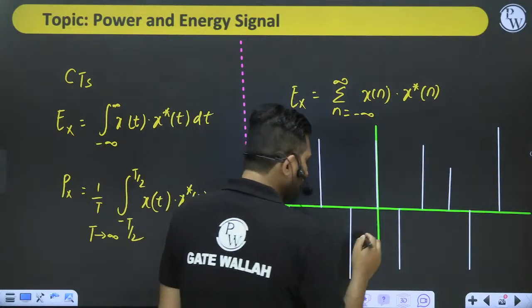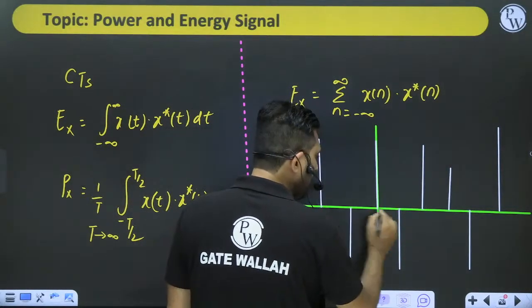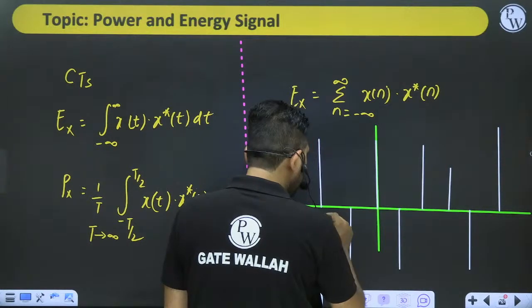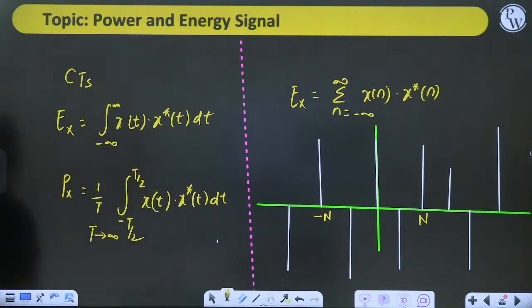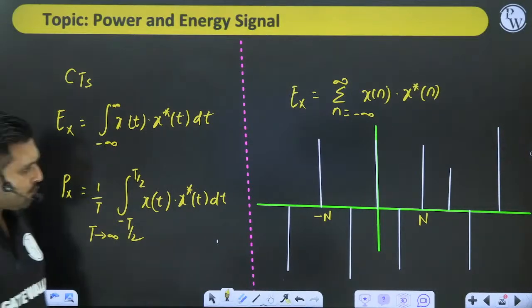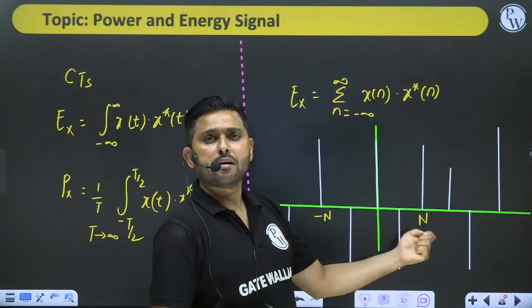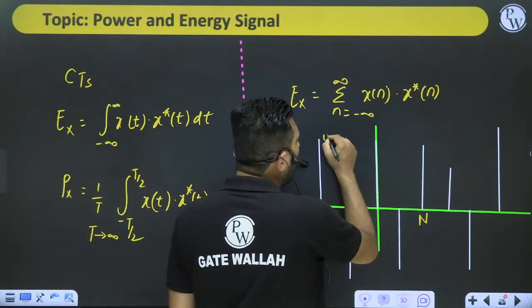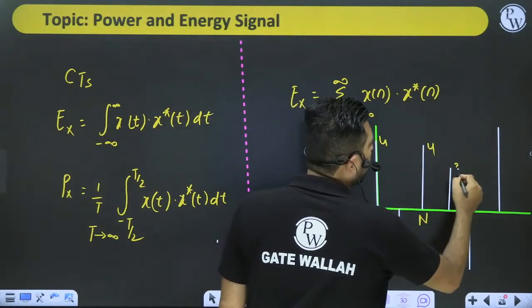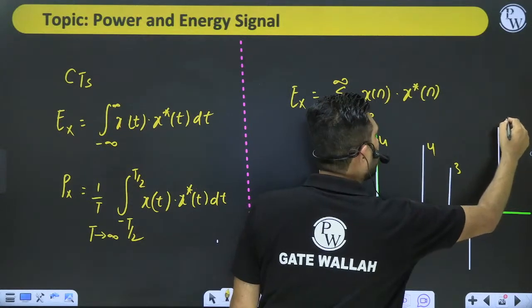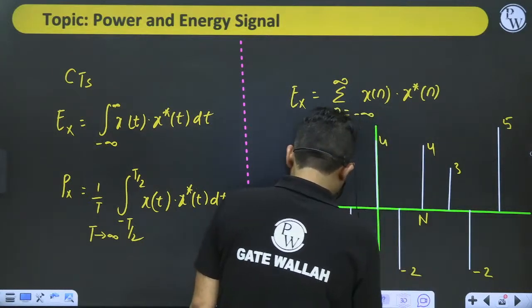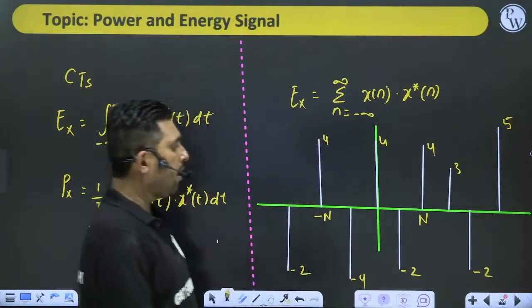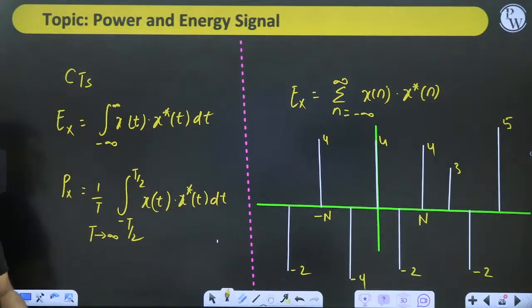So let's restrict it from minus N to N. Whatever the samples are, let's say consider them to be 4, 3, 5, minus 2, minus 4. I am restricting it over the limit minus N to N.